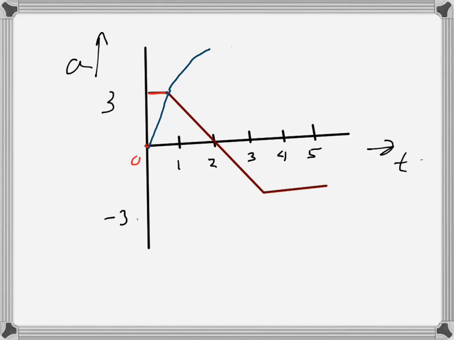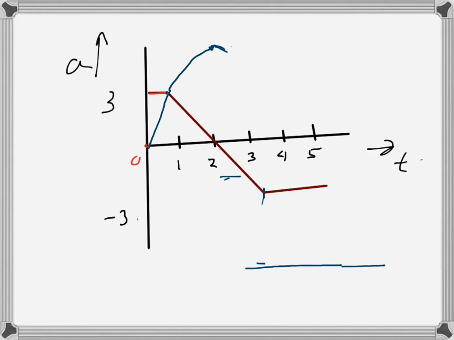Then at 2, what's happening, the acceleration is in the opposite direction, so the velocity will start decreasing. The acceleration is negative, that means the particle, instead of accelerating in that direction, is decelerating in the same direction, and that happens till 3.